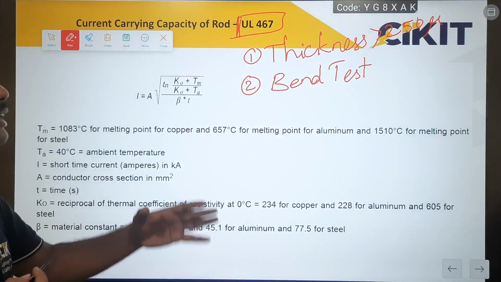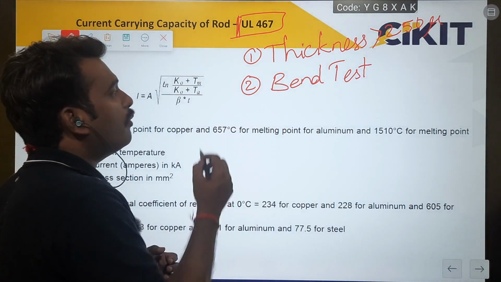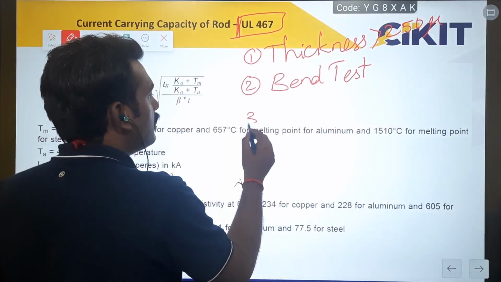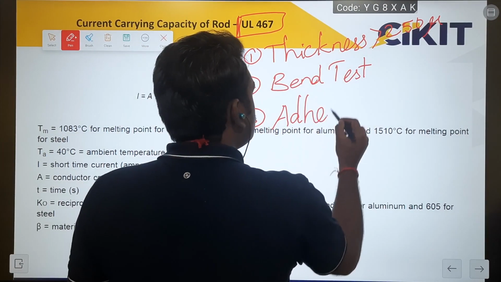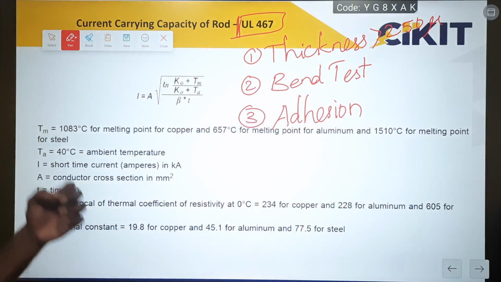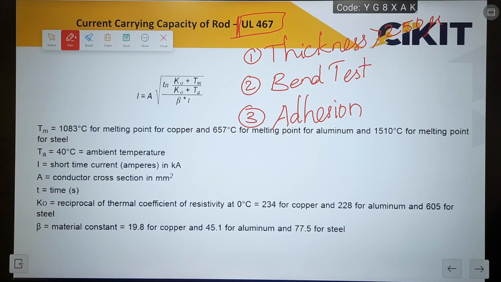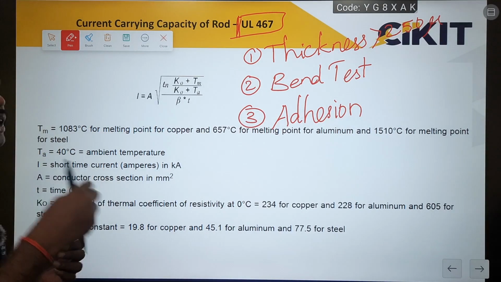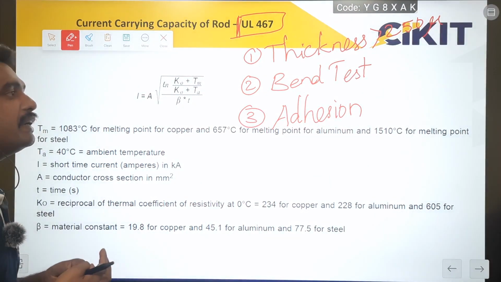In order to avoid that, they intentionally bend the earth electrode and test for any cracks at that bend. The third one is the adhesion of coating. In this test, they hammer the earth electrode into a wedge and check the peel off of the copper coating. The peel off should be only at that local point, and in other areas the copper coating should be intact.